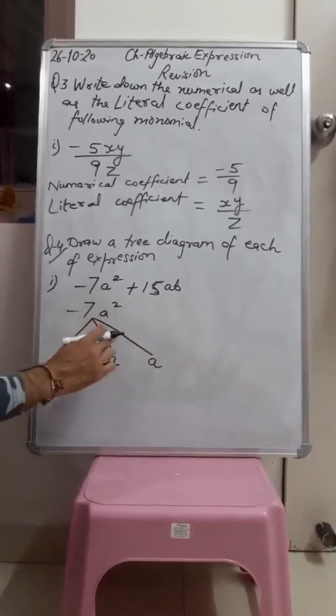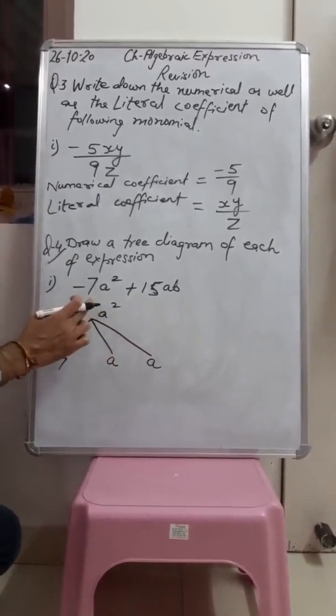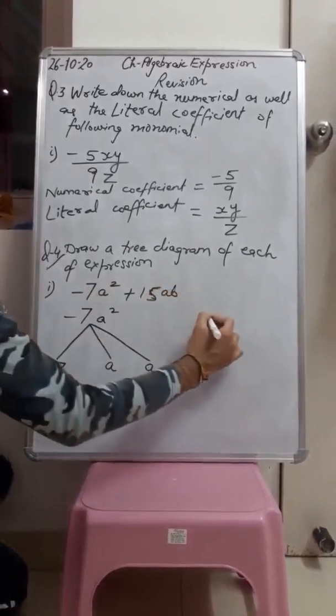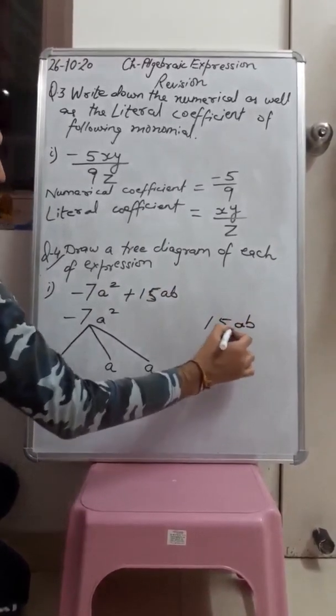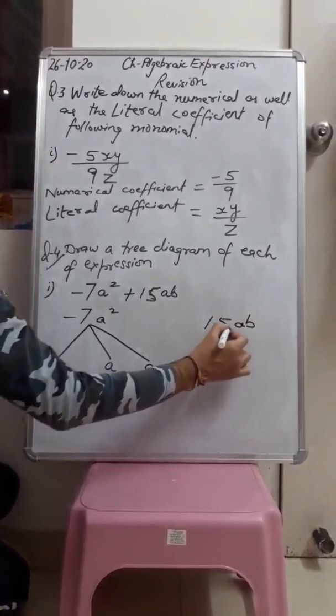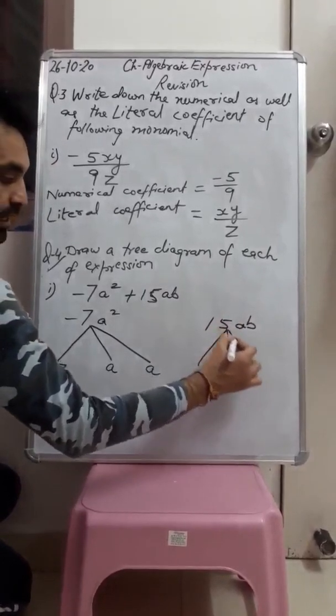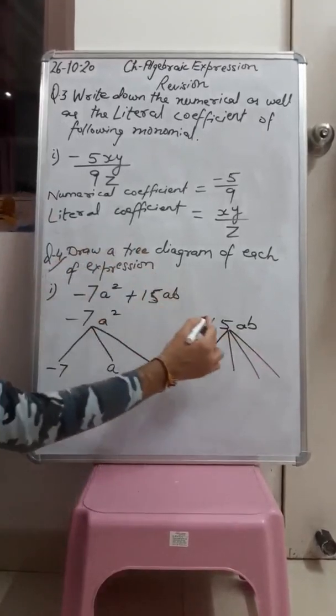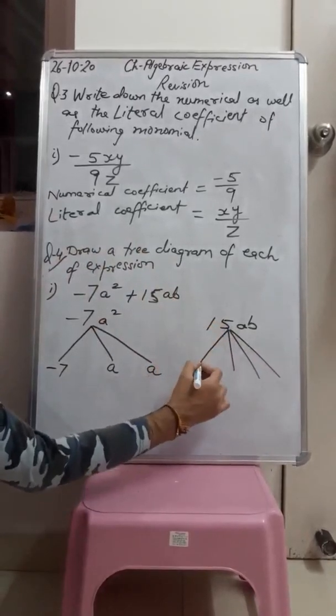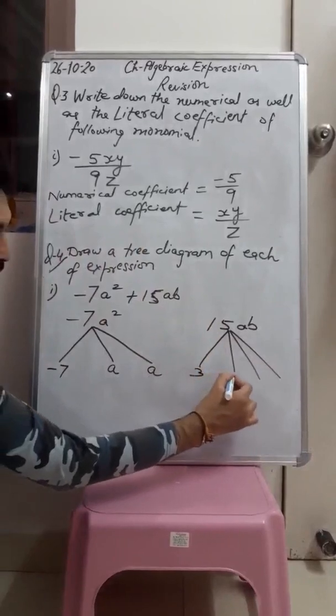In this way we can draw a tree diagram of the first term, and the second term is 15ab. Here we can see that there will be 4 factors. The first factor will be 15. 15 means 3 and 5.